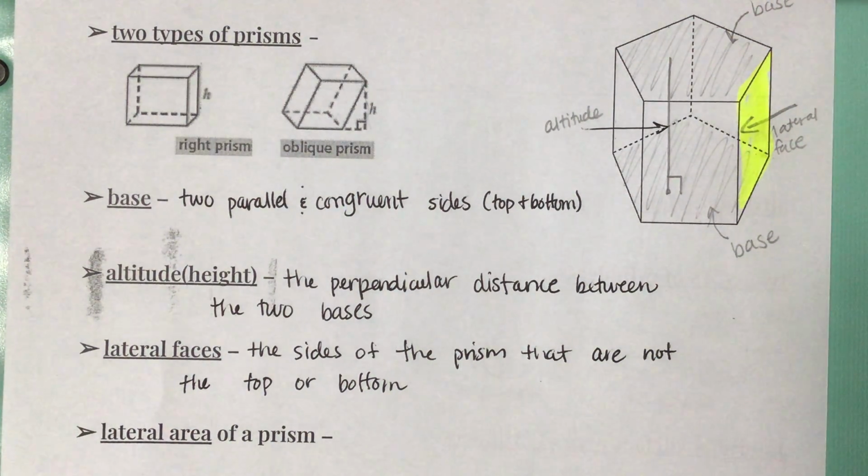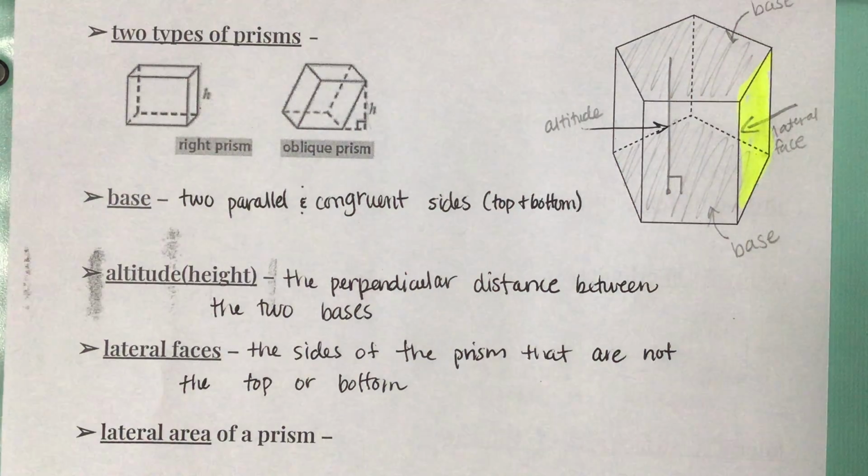Now that we know the parts of prisms, we can use that to help us get formulas in order to find and calculate certain values about prisms. So something that we do like to find the value of is the lateral area or the surface area, and sometimes both. It's just according to what type of problem you are trying to solve.